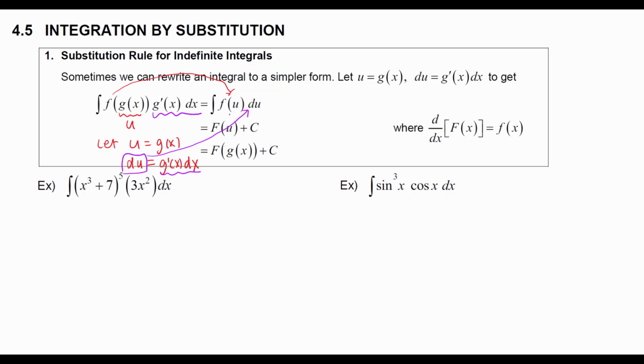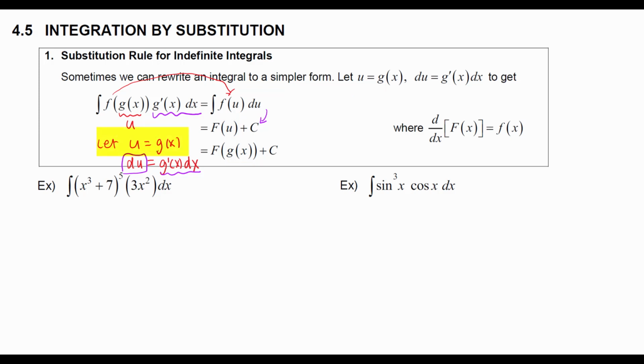It is now the integral of f of u du. All you have to do is integrate this with respect to u, so that you can recover the antiderivative of small f of u, which is capital F of u plus c. At the end of integration, you substitute back what the u was.